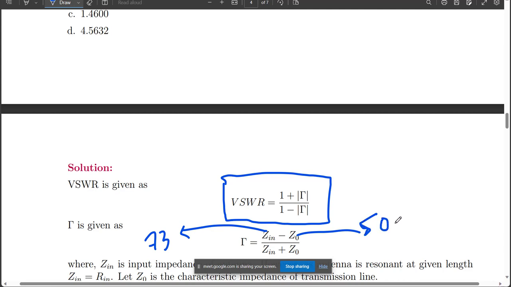Okay. So find the reflection coefficient, put it in this formula, and you will be able to find the value of VSWR.